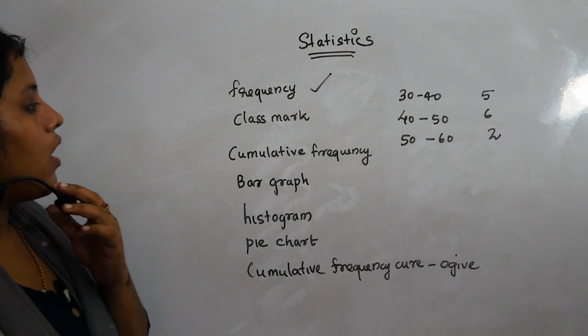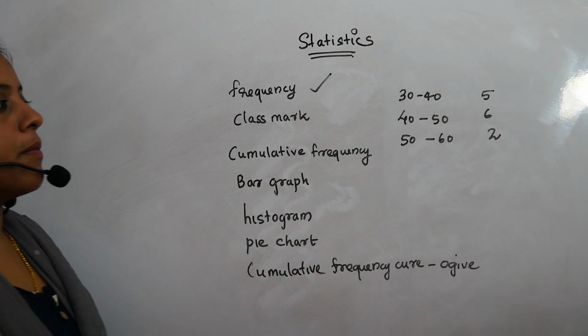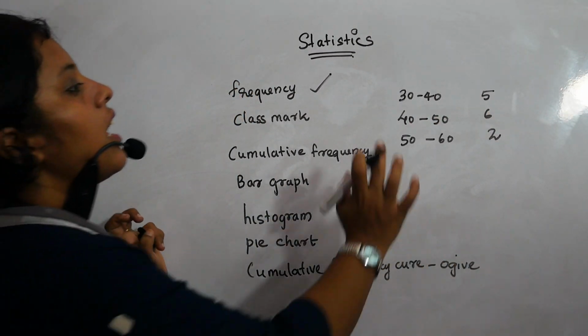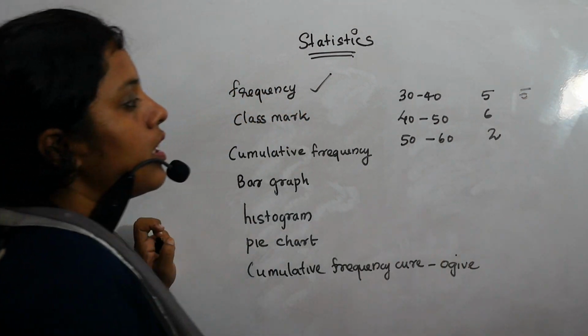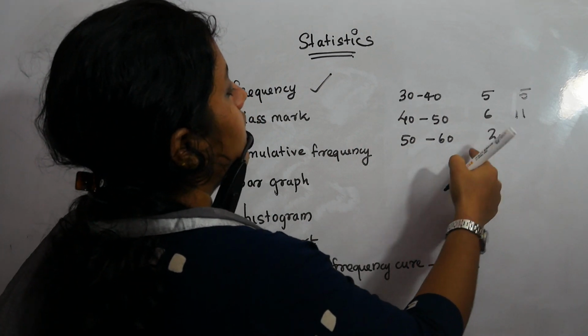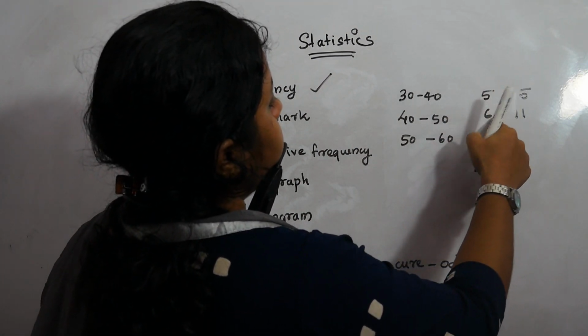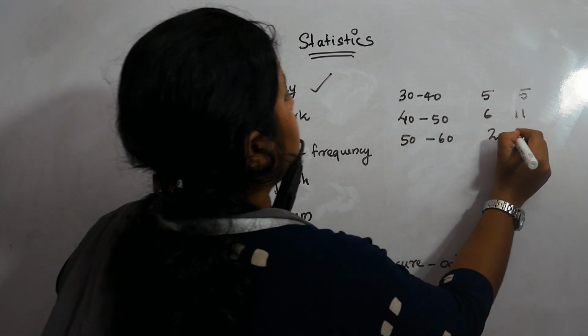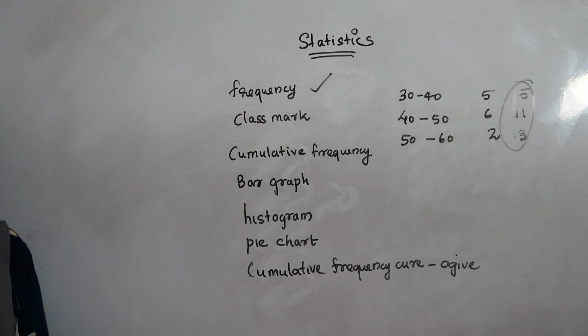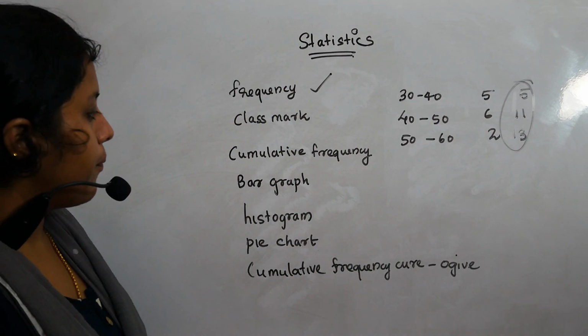Cumulative frequency is the sum of all observations up to that limit. So here I am having 5 itself. Cumulative frequency here is 5 plus 6, that is 11. Here it is 11 plus 2, that is 13. This is known as cumulative frequency. Understood?